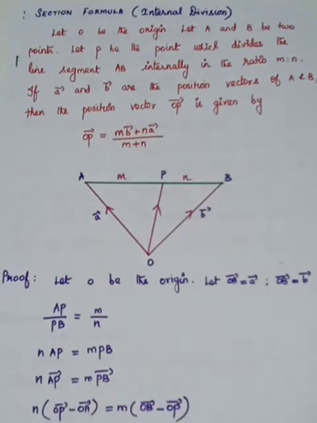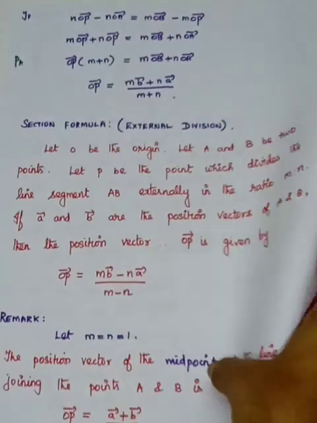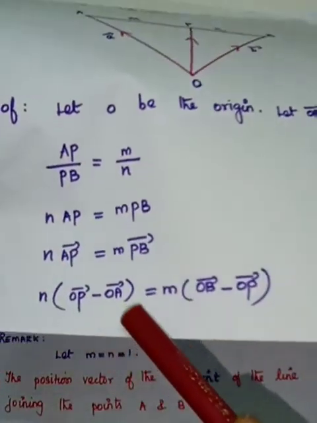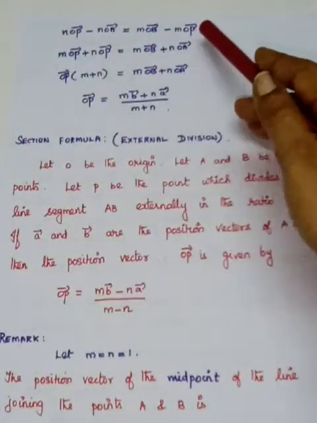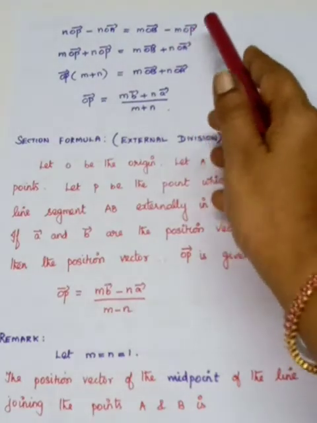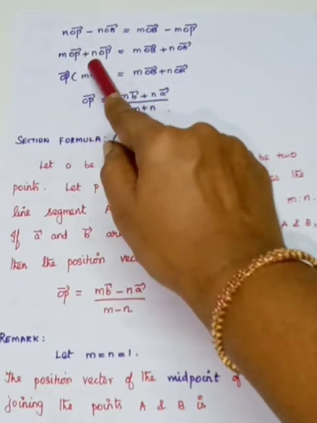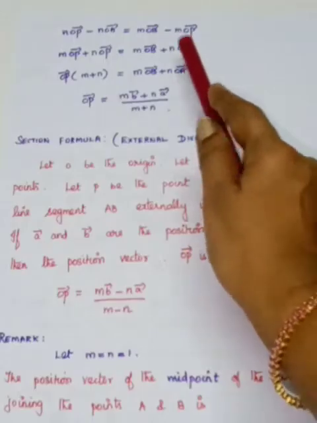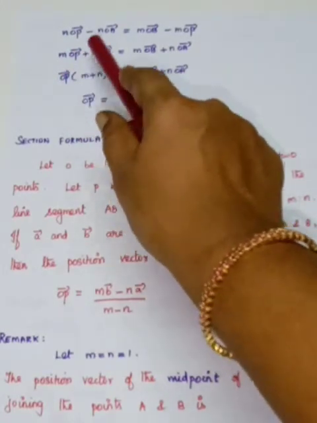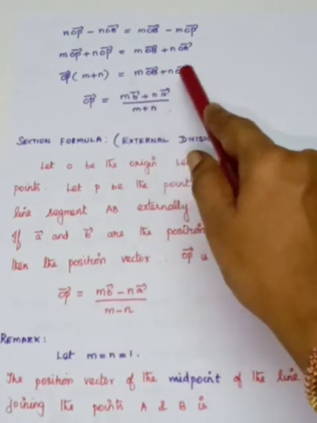So if you multiply, N OP vector minus N OA vector is equal to M OB vector minus M OP vector, that I have written. So minus M OP vector, you bring it to the left side, it will become plus. Already N OP vector is here. Bring this minus term to the other side as plus. So OP vector is common in these two. If we take it out, M plus N into OP vector is equal to M OB vector plus N OA vector.